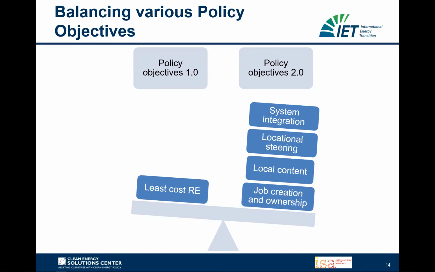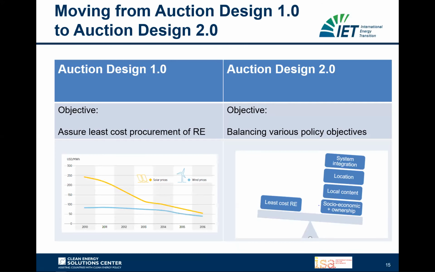Once again, we're discussing the move from auction policy design 1.0 to 2.0, where you're now trying to balance least cost procurement with other policy objectives. And the reason for more and more countries now opting for auction design 2.0 is pretty straightforward.